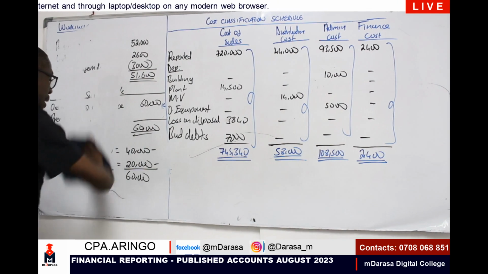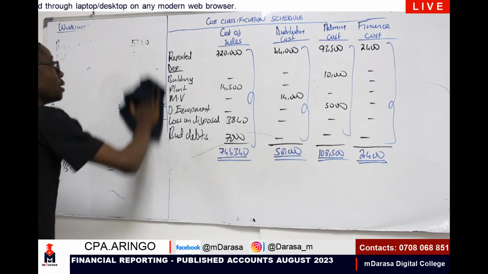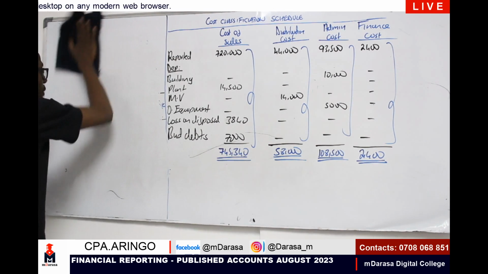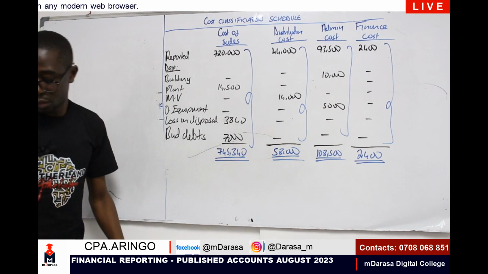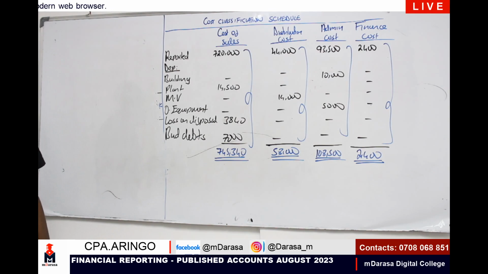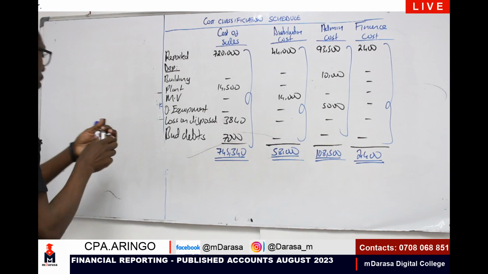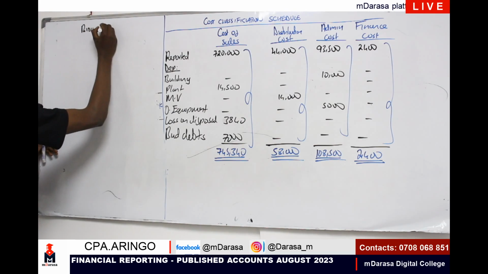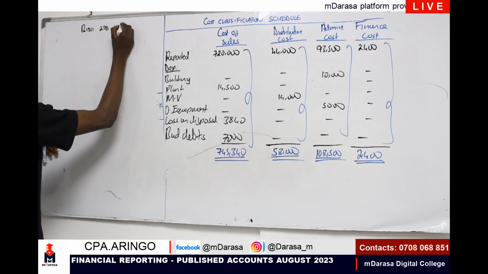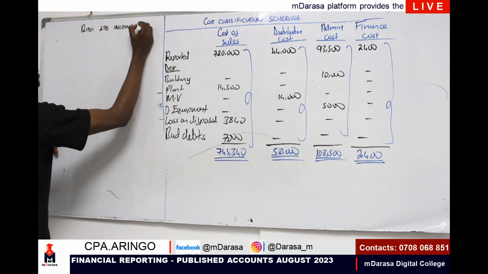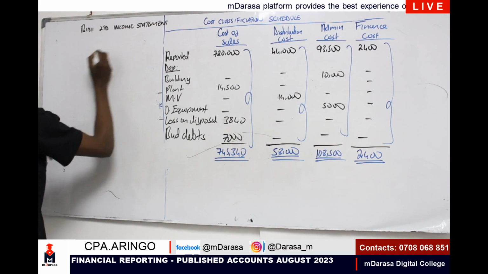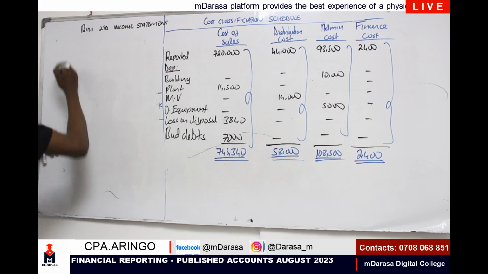Allow me to erase everything here, because we have it as we wanted. So the name of the firm, always very good to start with the title, which I'm having as BD Limited. Income statement, so I'll be having here BD Limited income statement, of course, for the year ended.